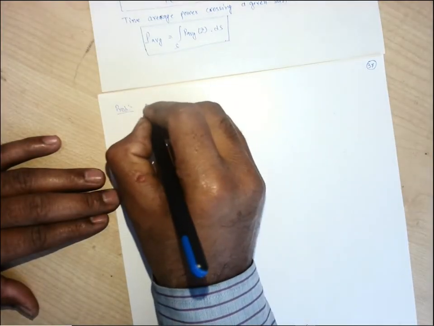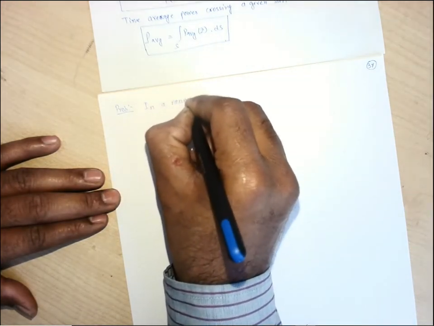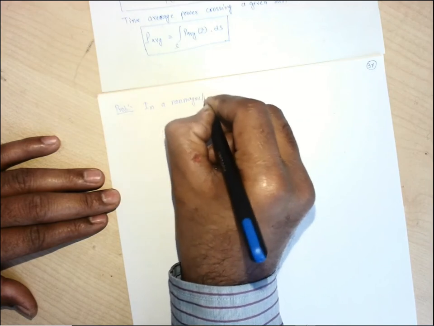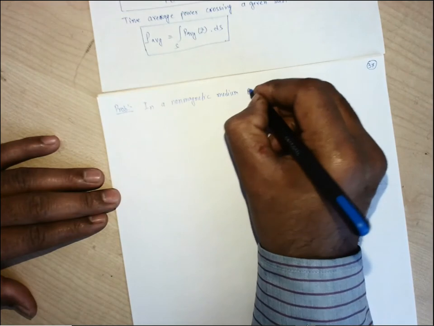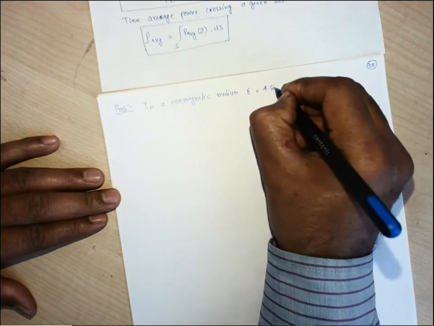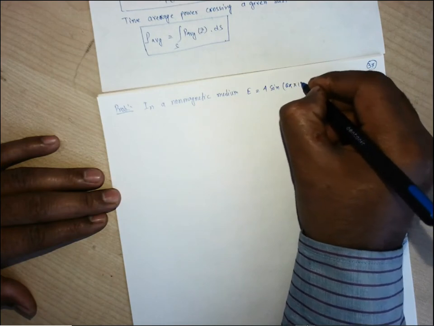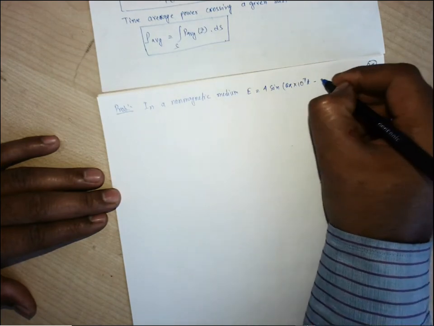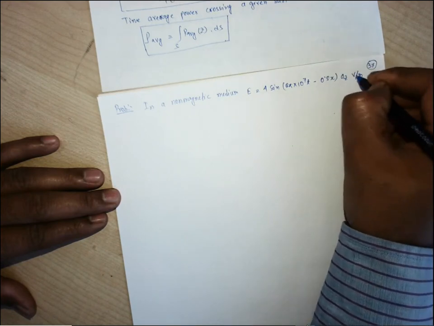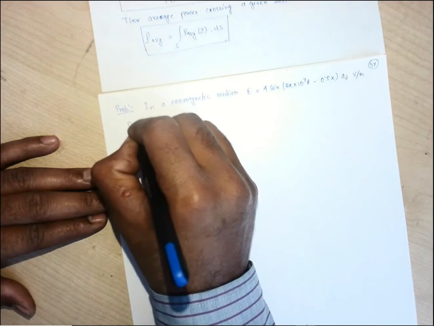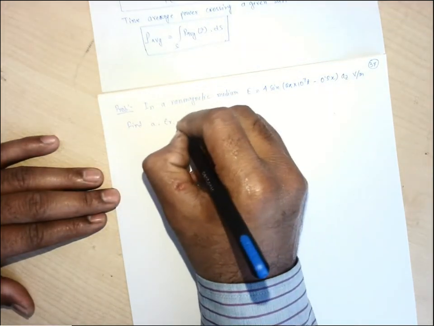In a non-magnetic medium, E is given as 4 sin(2 pi times 10 to the power 7 t minus 0.8 x) az volt per meter. Find, first point, epsilon r and eta.